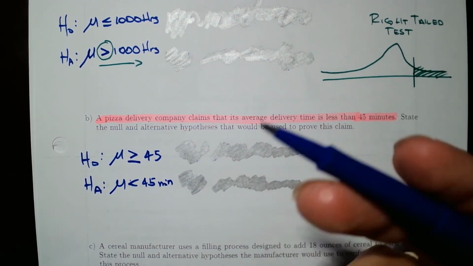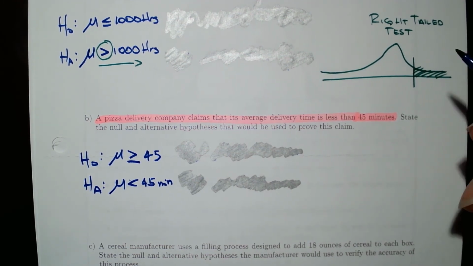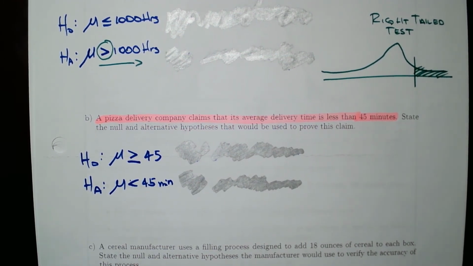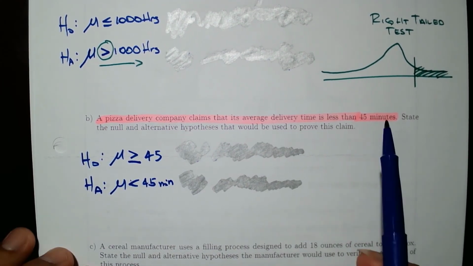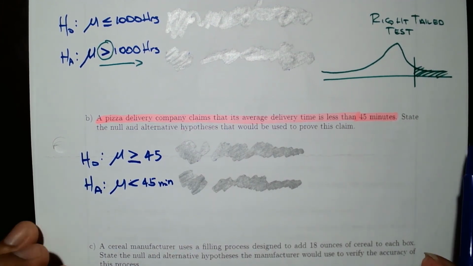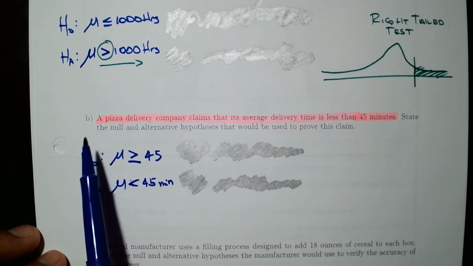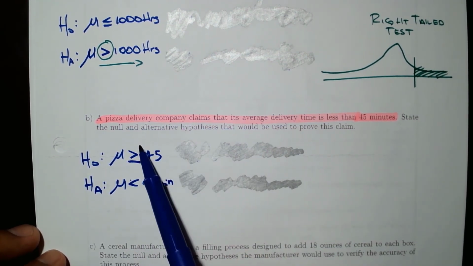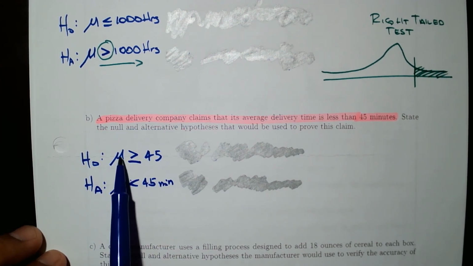The pizza is really good and I like it. However, they take too long. They take more than an hour, 2 hours. So the Gallup poll is going to take data and record it in their database. That's going to be the default, whatever they're judging the pizza place on, that they take too long.